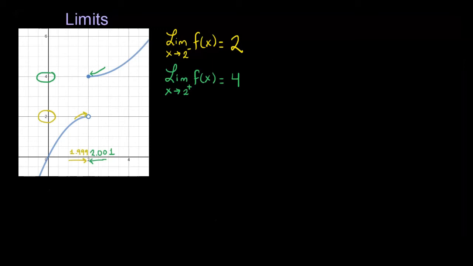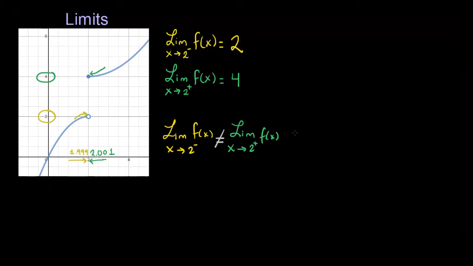Now, I'm going to write it in here. We can see that the limit of f of x when x approaches 2 from the left, and the limit of f of x when x approaches 2 from the right, are different from each other.